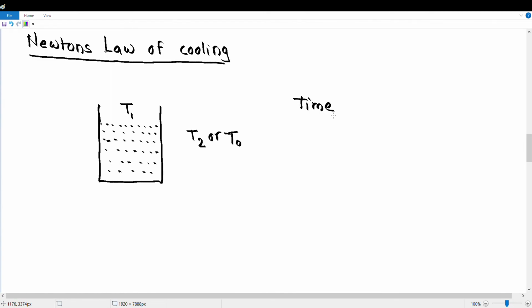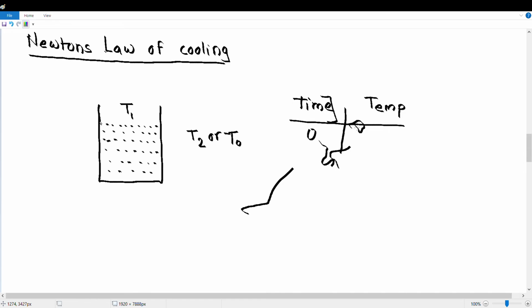Initially, when the experiment is started, the time is 0, and suppose at that time the temperature is T1 degrees Celsius.